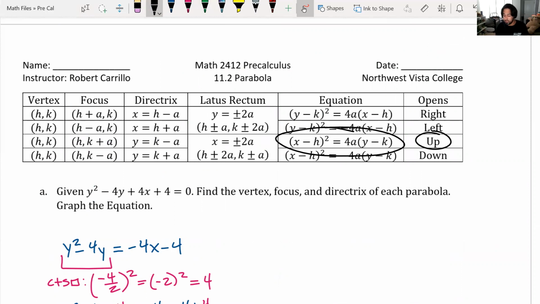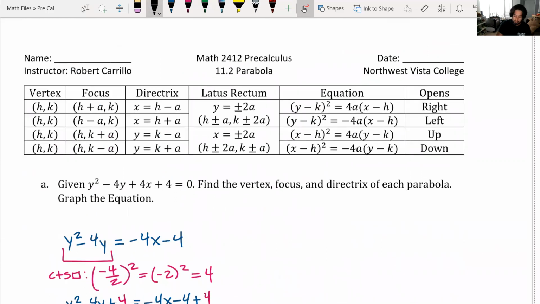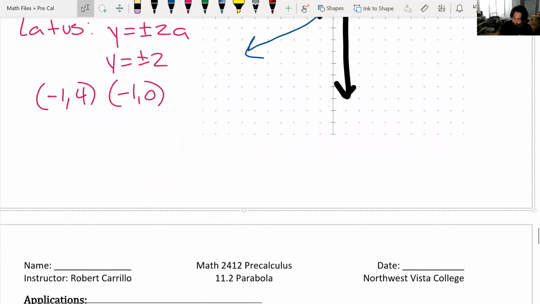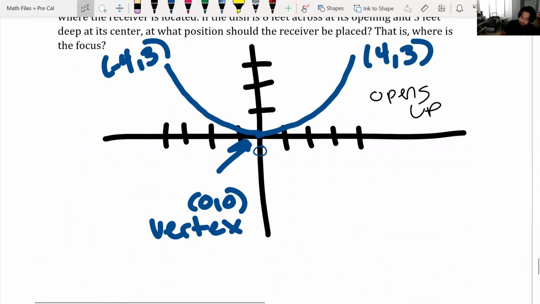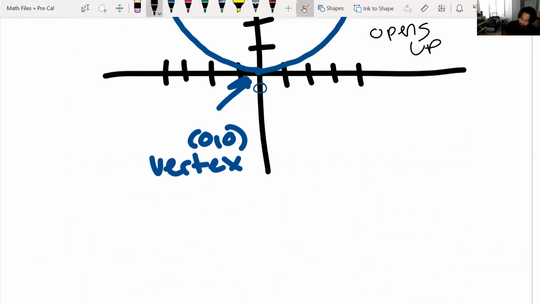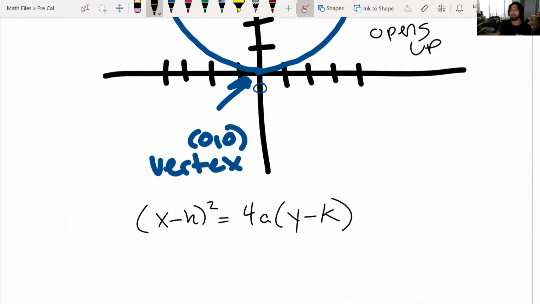So let's go ahead and write that down on the next page. So this opens up, meaning we'll have the formula x minus h squared equal to 4a times y minus k.